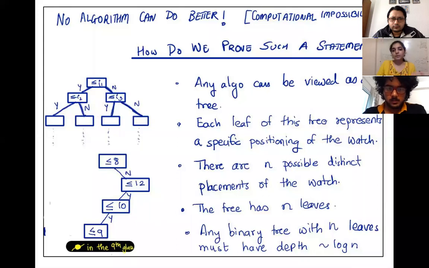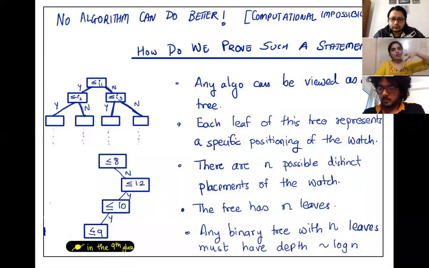And now, because any tree that has n leaves must have depth log n, we get that no matter which algorithm you deploy, you must spend at least log n chocolates. Okay, so that's your lower bound proof. That's your impossibility proof. Note that you did not argue with respect to a specific algorithm at all.